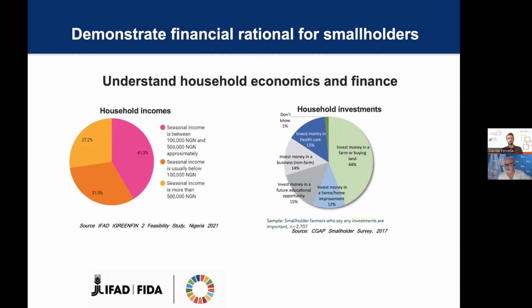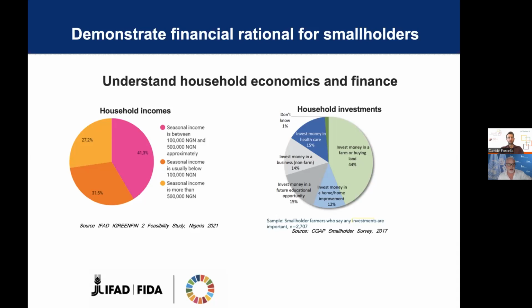If you look at the pie charts there, you'll see that 73% of the farmers make over $1,000 US, enough income to possibly support a well-designed green loan fund. So I'm taking the 43 and 31% there. And that's enough to take the loans that we are contemplating, which you'll see in a future slide.